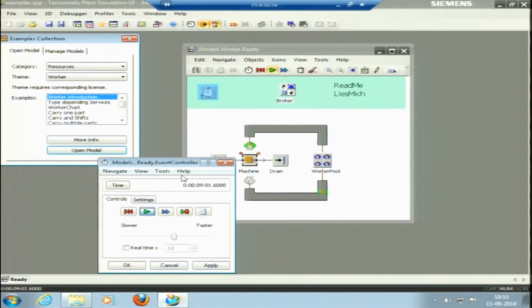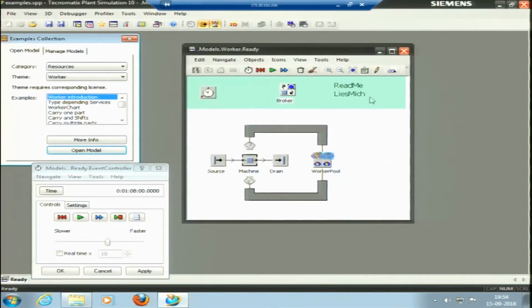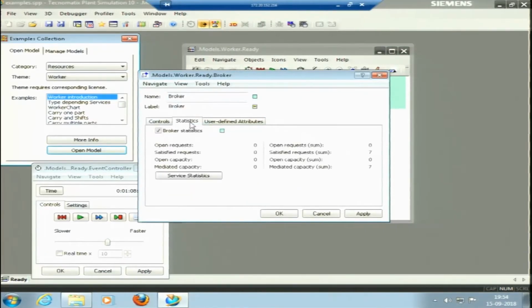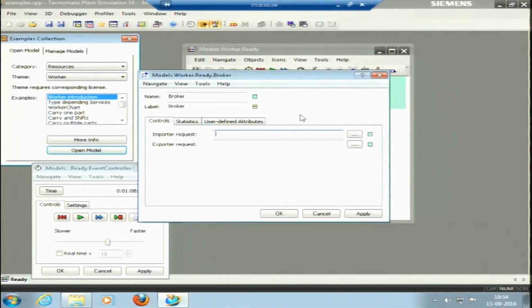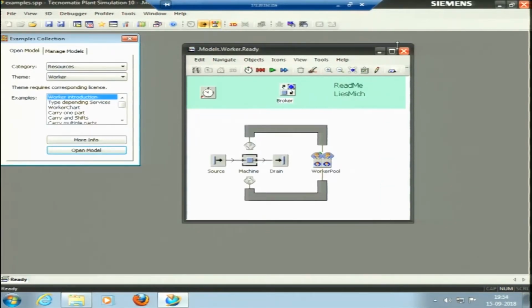Apply, now run. You can see the workers who are running it. The number of workers is 2 here, and there is a work pool, and the broker is there. The broker is trying to distribute the work to different workers. So this is one of the examples.